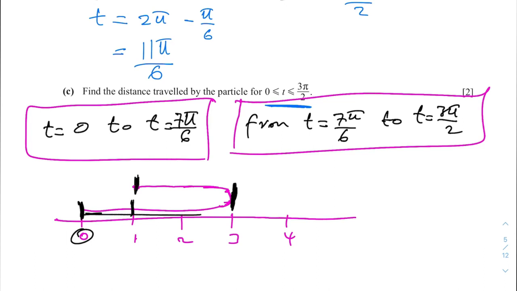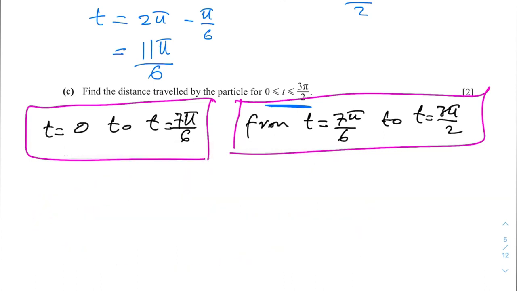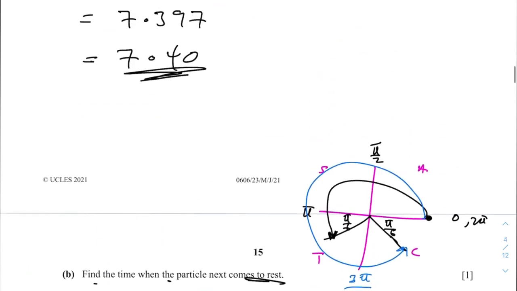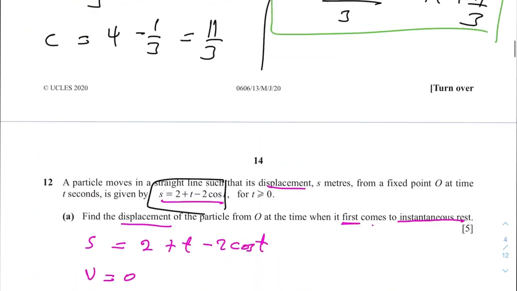So that gives you this measurement plus that measurement. That is why I'm saying that you look for the instantaneous rest, integrate from the origin to that instantaneous rest, then from that instantaneous rest to the final destination. Okay, keep this in mind. It will really help you. All right. Then the next thing, basically we just have to integrate the velocity. Do we know the velocity?